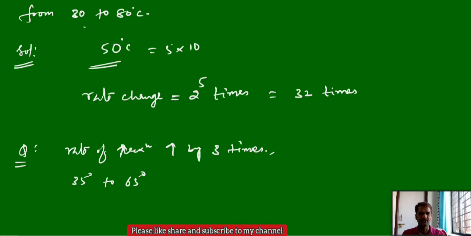So the rate of reaction increases by 3 times for each 10 degree rise. Now the temperature changes from 35 to 65. Then the rate of reaction increases by how many times? So here 3 power 3 times. That gives 27 times.